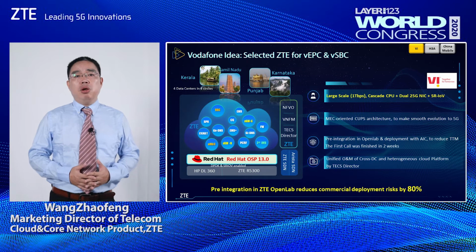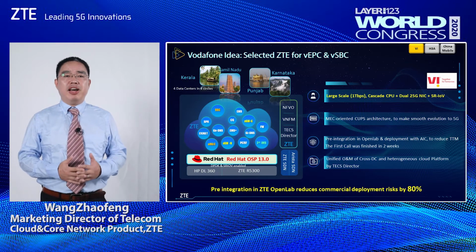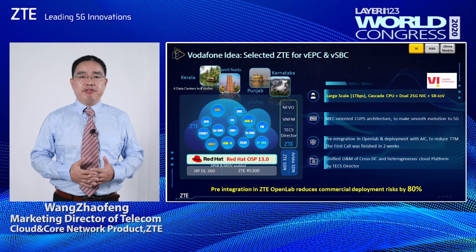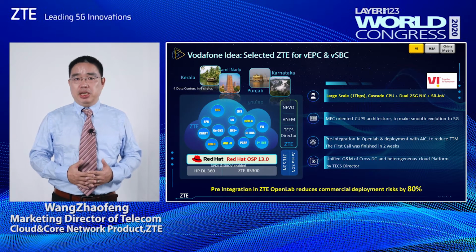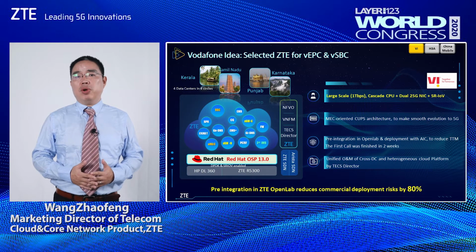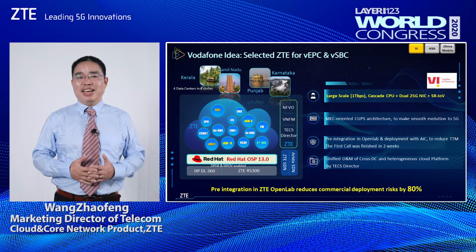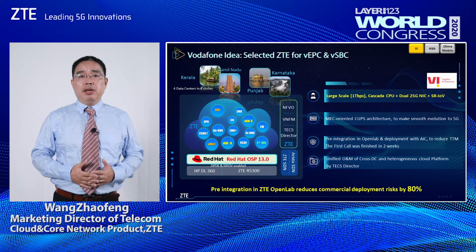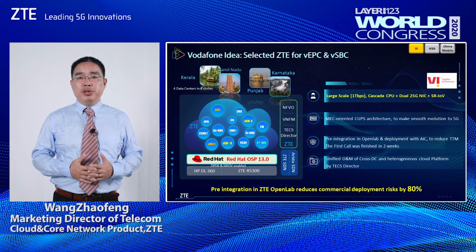You can see Red Hat VIM and Hypervisor is also introduced based on the open ETSI NFV architecture. HP and ZTE hybrid hardware resource pool were selected to reduce CapEx. In other words, the Common Core solution is fully decoupled.